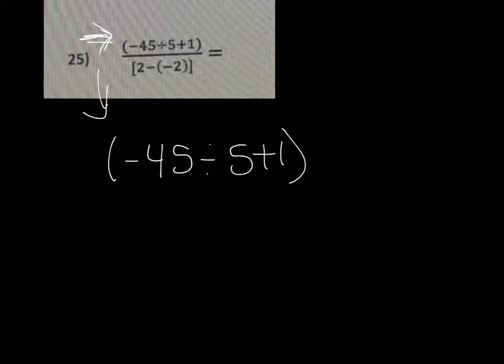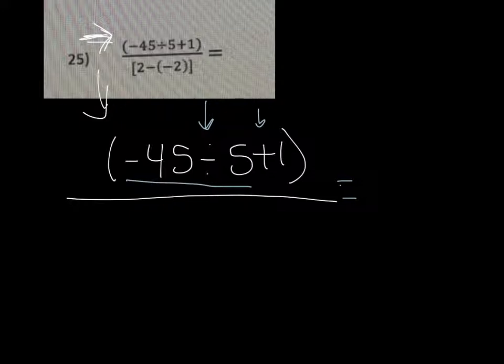So for the top part, and I'll draw the line, for the top part we have a parentheses, and inside parentheses we have to follow PEMDAS, so we have to do the division first and then the addition, right? So negative 45 divided by 5 is a negative 9, because when you divide a negative by a positive, you get a negative number, right? And that's plus 1.